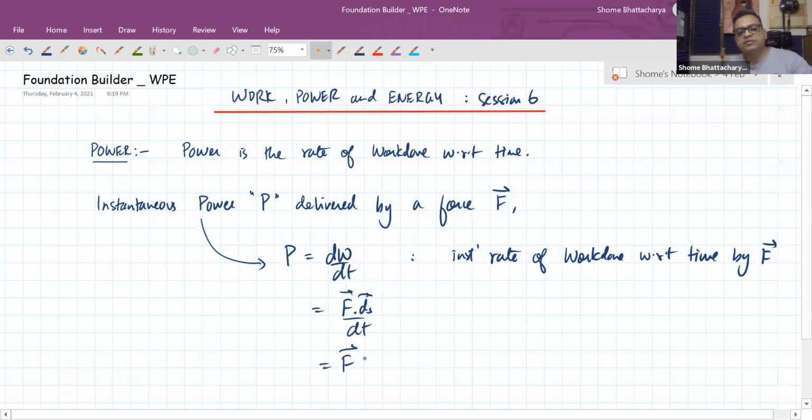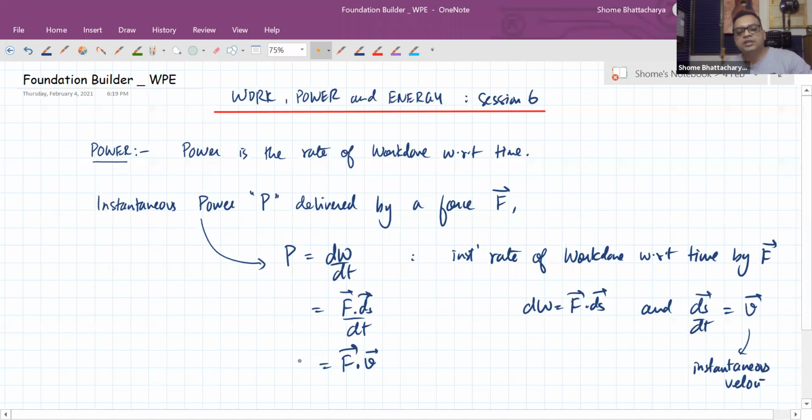So that also becomes F dot v, because you know that work done in a small time dt is defined as F dot ds. And the instantaneous rate of displacement with respect to time is the instantaneous velocity.